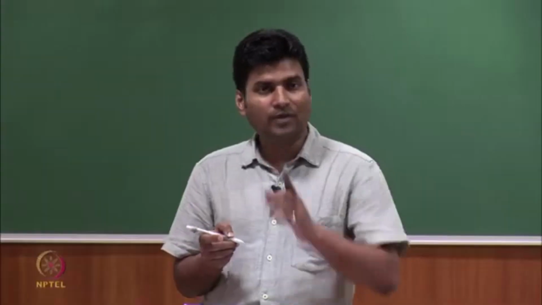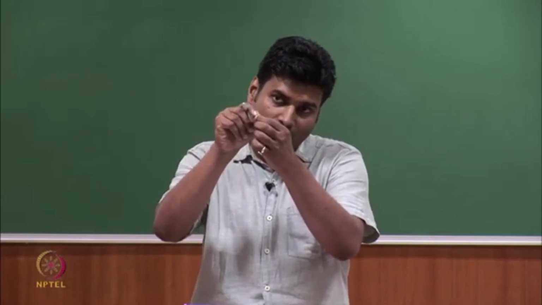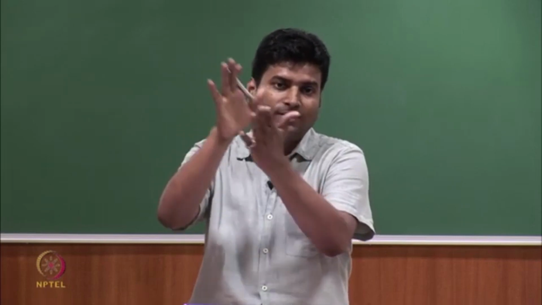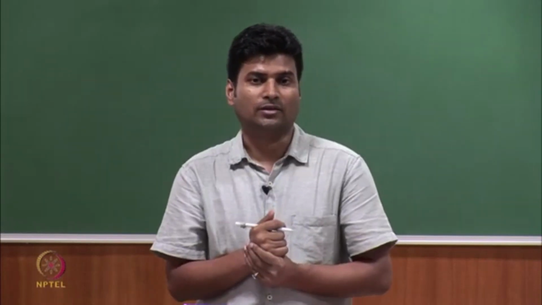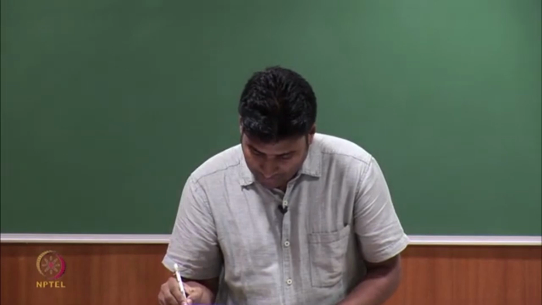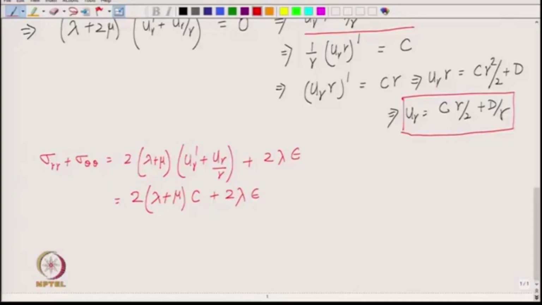So, radial stress will vary with r. As you go along the thickness of the hollow cylinder, the radial stress is going to vary. Likewise, the hoop stress is also going to vary, but their sum will be a constant. That is very interesting. All right, but we can use this to solve the equation in a simpler way. Let us come back to our equation: del sigma_rr over del r plus (sigma_rr minus sigma_theta theta) over r equal to 0.